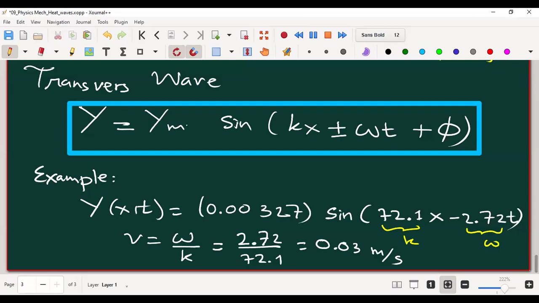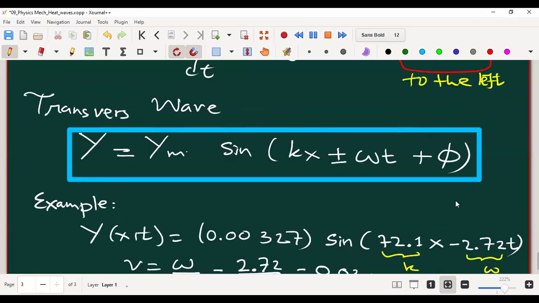Yeah, because this one is negative, to the right. Okay, to the right side. So positive and negative doesn't matter to our calculation, only for the direction.